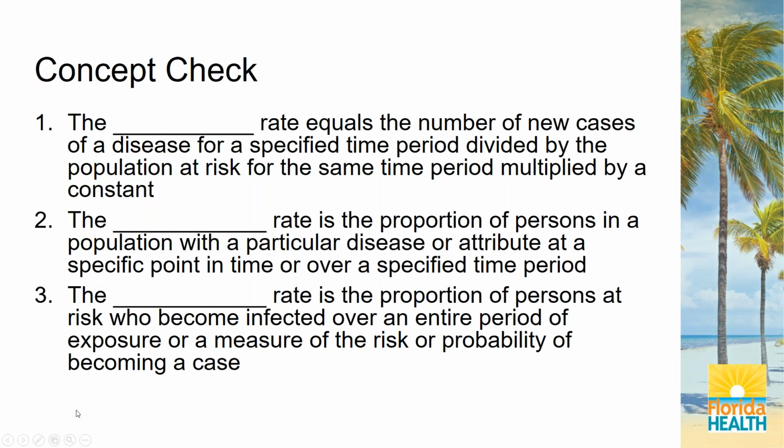Okay, so our different choices for these answers are going to be incidence rate, point prevalence rate, and the attack rate, right? So this is going to be our concept check. Which one of these would be the incidence rate? 1, 2, or 3?